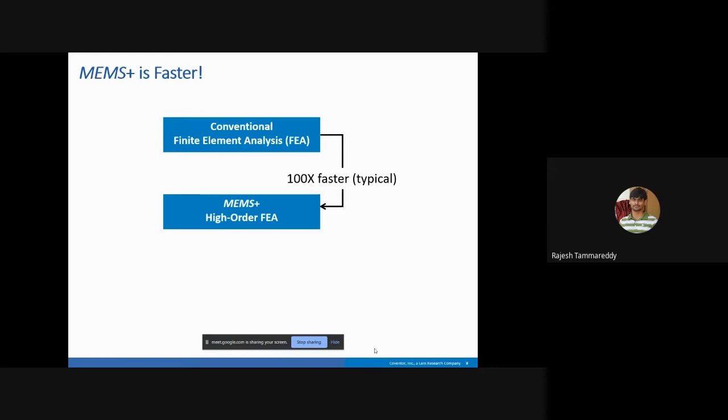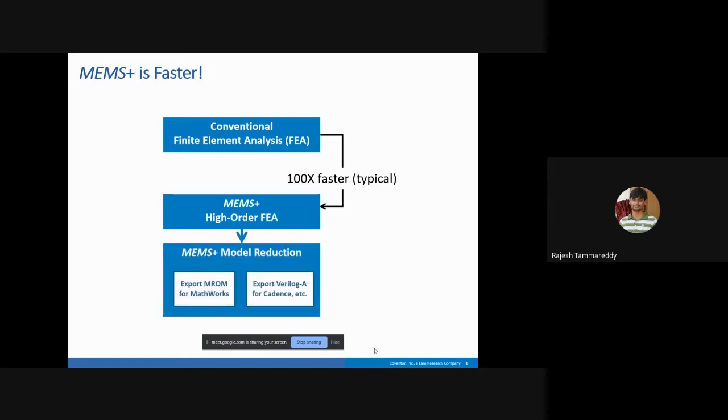Every node of the mesh has to solve the partial differential equations to find the results, right? But here in MEMS Plus, it is component based, or behavioral model based. So here you don't have all those things. That is the reason why, since it is higher order FEA, the simulations are 100 times faster compared to conventional FEA.